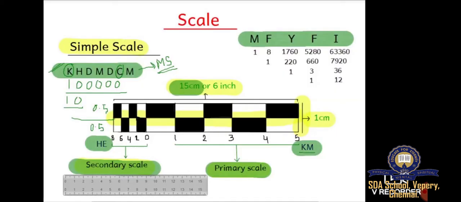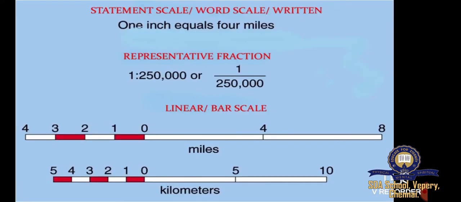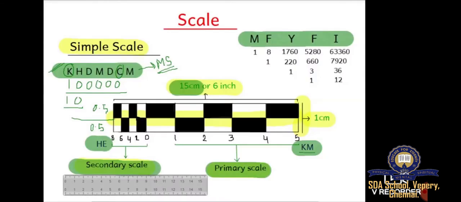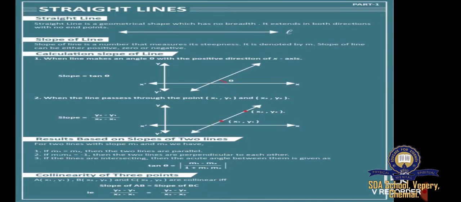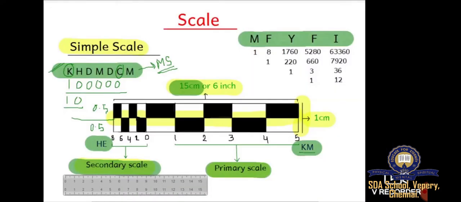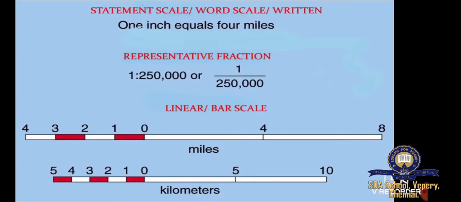Next, we see the map scale by representative fraction. In the representative fraction, that is the RF method, the scale is expressed as a numerical fraction.